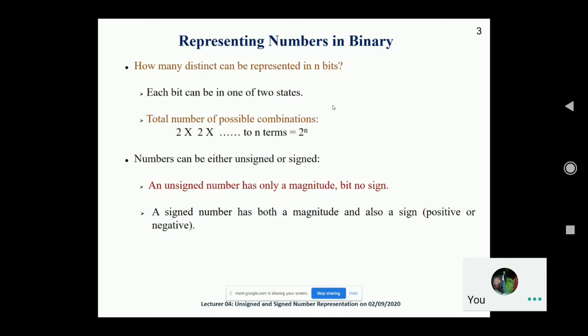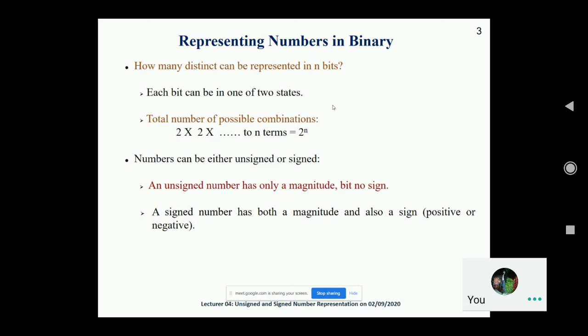But the next point, when we are talking about the signed number, that means some particular sign is present. It may be plus, may be minus. A signed number has both a magnitude and also a sign. So always remember, when we are talking about the unsigned, we are considering only magnitude, but no sign bit or sign symbol is there.